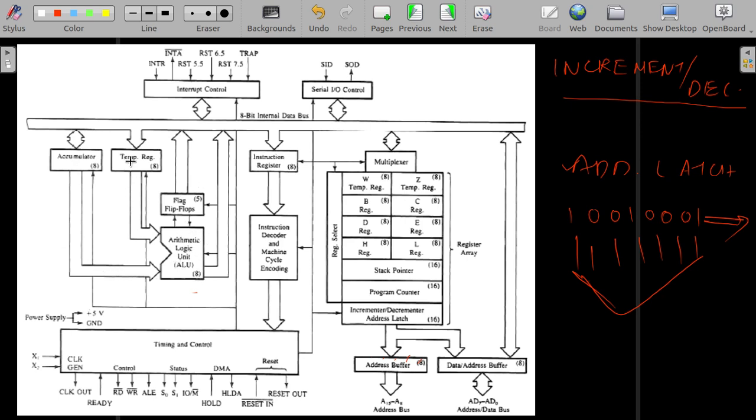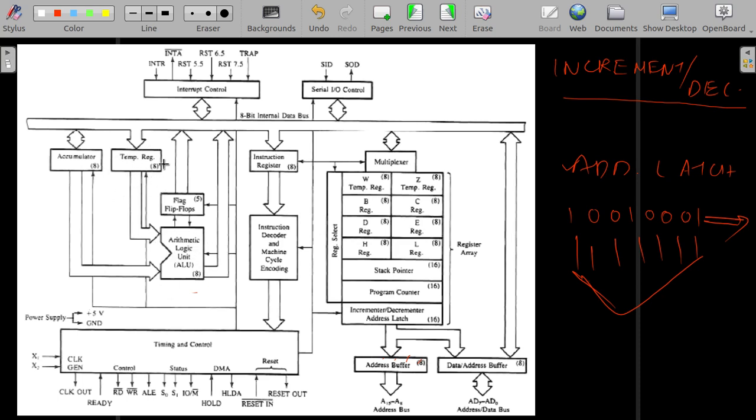The ALU needs two inputs. The temporary register is one, the accumulator is one. So inputs are given. And now we have to give the output. Where will we give the output? We give the output to the data bus. And where will the accumulator and temporary register take the input from? They take it from the data bus. So we start with the ALU.